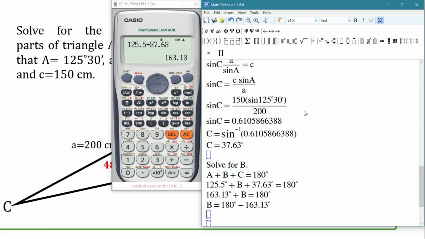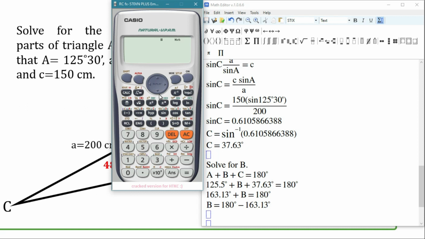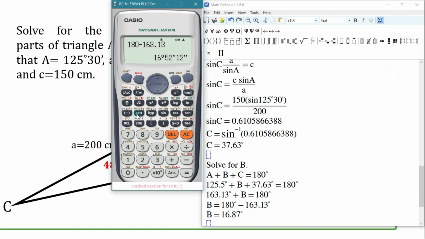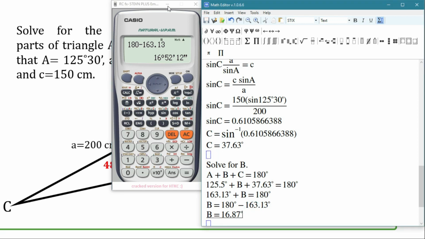And that will yield 16.87. Meaning to say, angle B measures 16.87 degrees. Or in DMS, that is equivalent to 16 degrees, 52 minutes, and 12 seconds. So, ito na po yung value ni B.